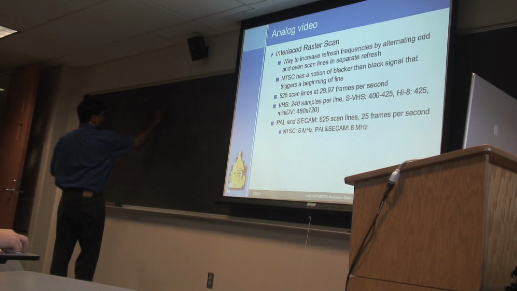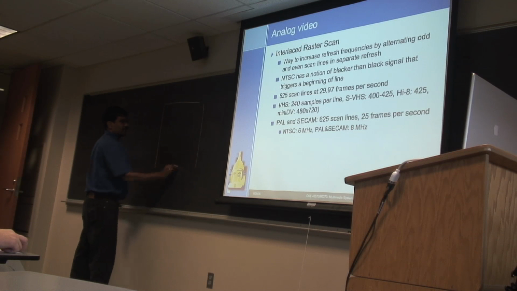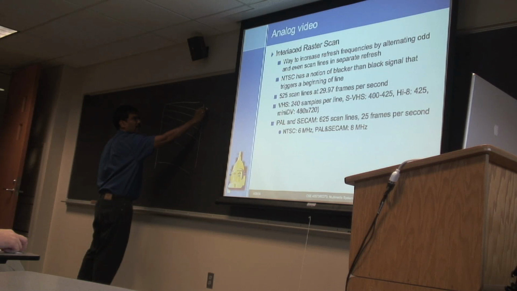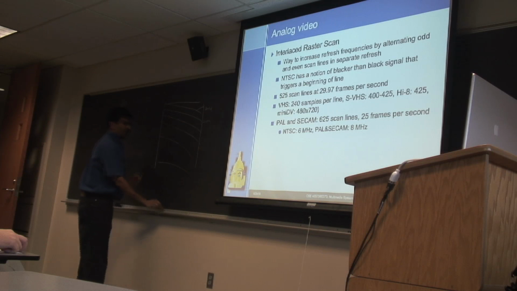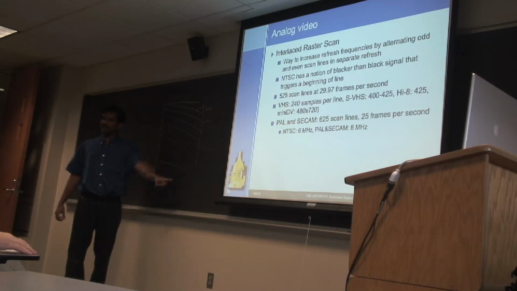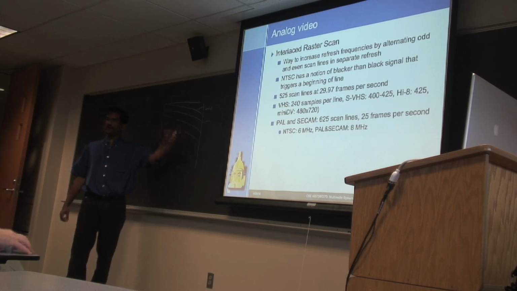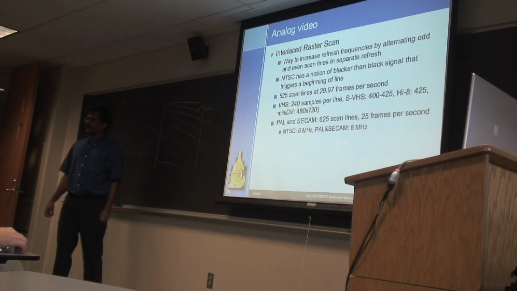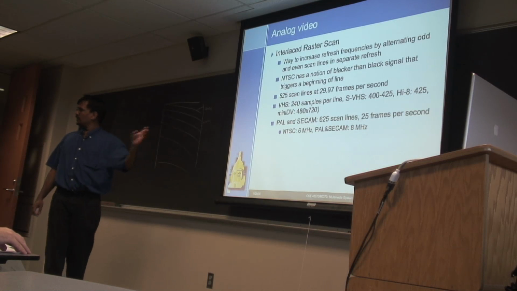If you want to send a scene, you split it into different lines, and you first draw all the odd lines, and then you draw all the even lines. That's the interlaced format.